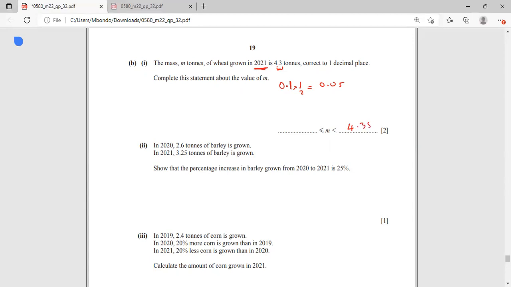When we subtract it, what do you get? This is going to give you 4.25. That's what you're going to get there.